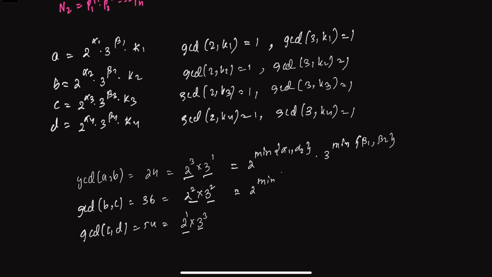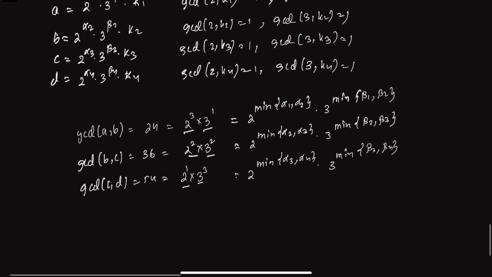In the same way, 2 to the power minimum of alpha 2 comma alpha 3 into 3 to the power minimum of beta 2 comma beta 3, and 2 to the power minimum of alpha 3 comma alpha 4 into 3 to the power minimum of beta 3 comma beta 4.